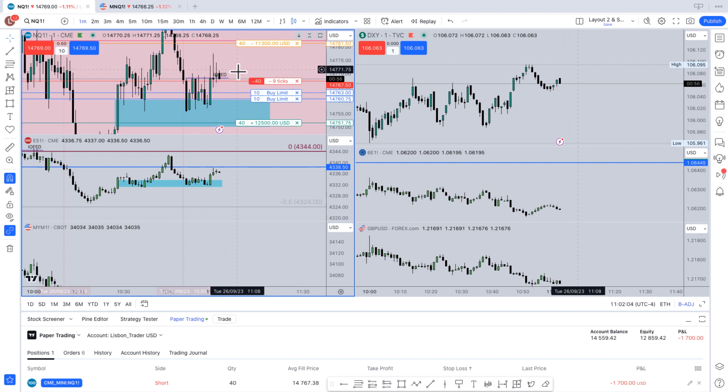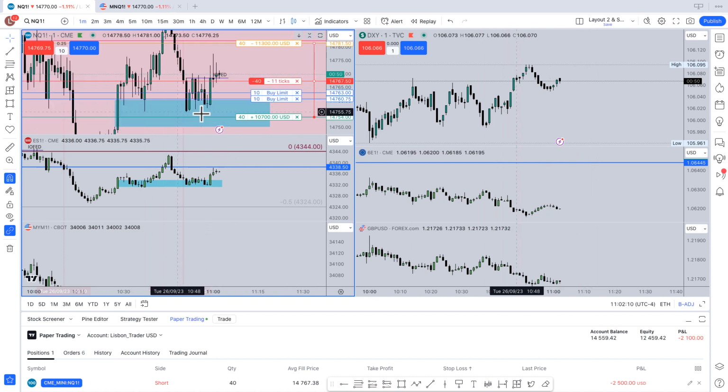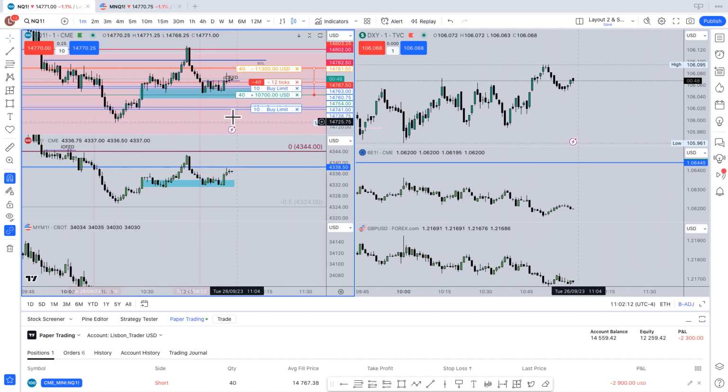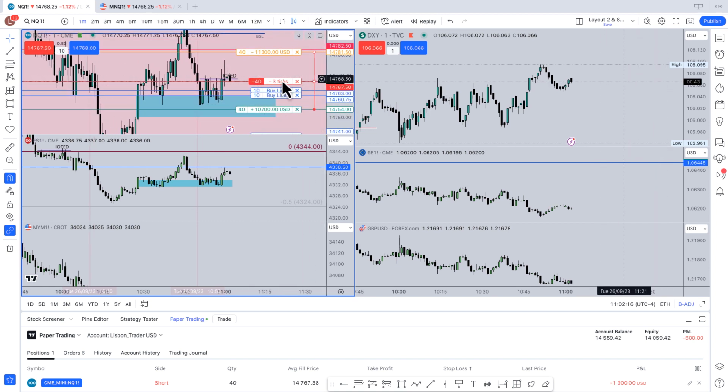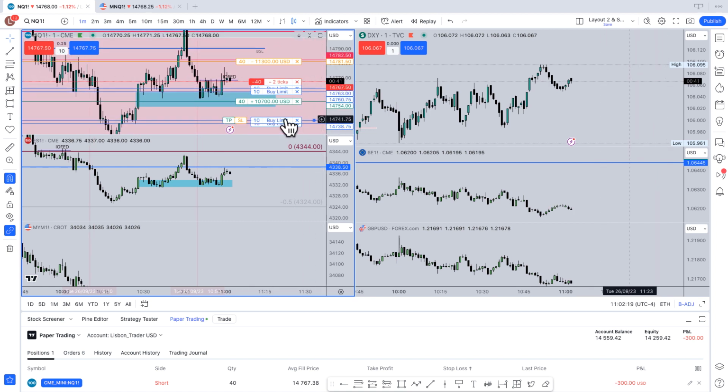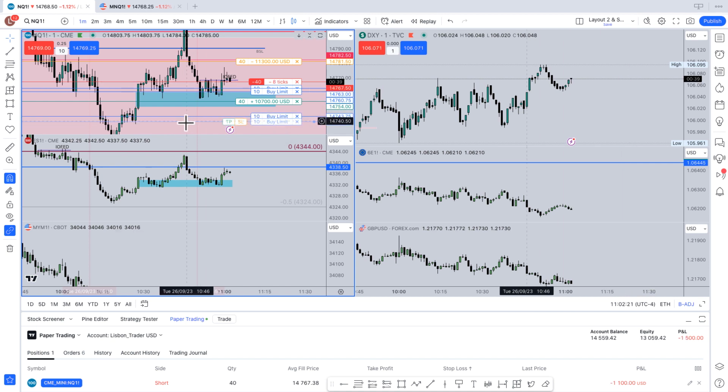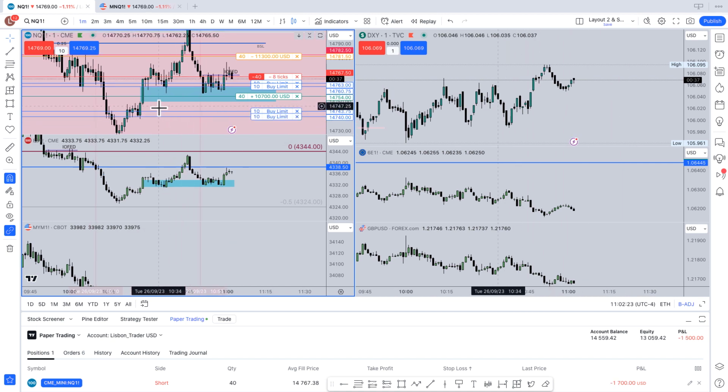So the plan is going down, profit, buy those sell stops, go out of this trade, and then wait, then buy it down below here or there at this order block.